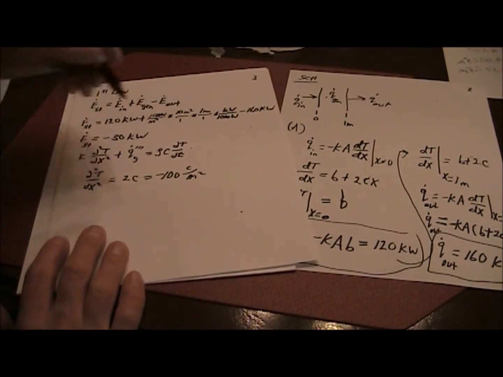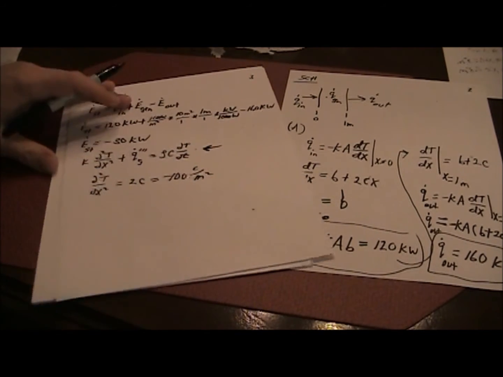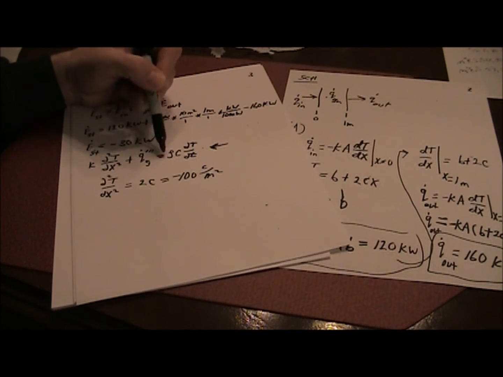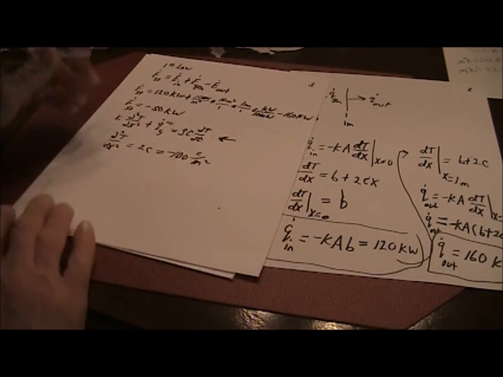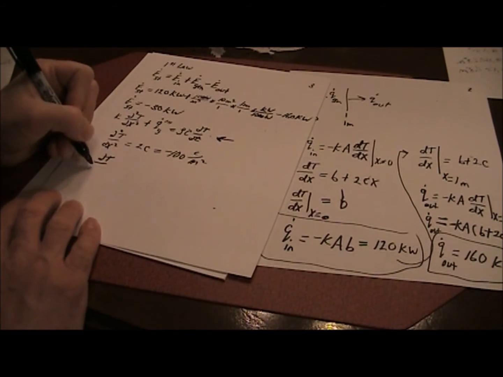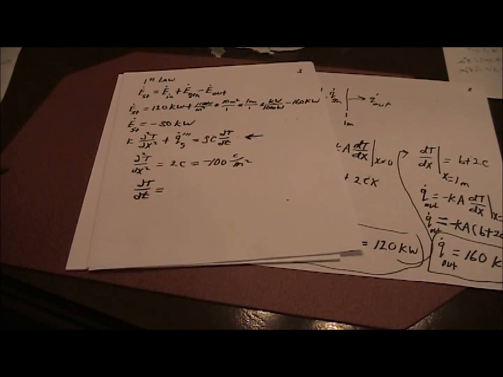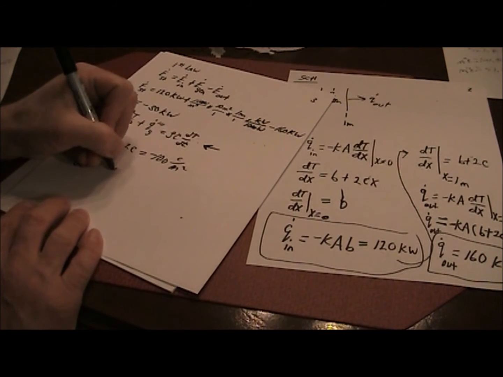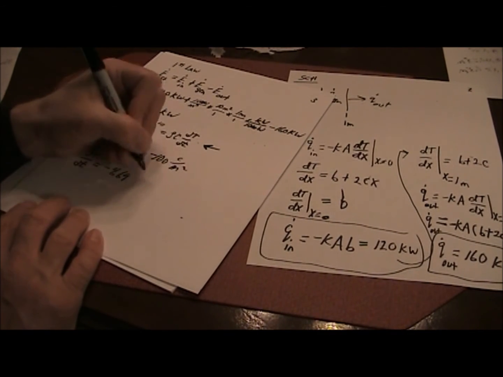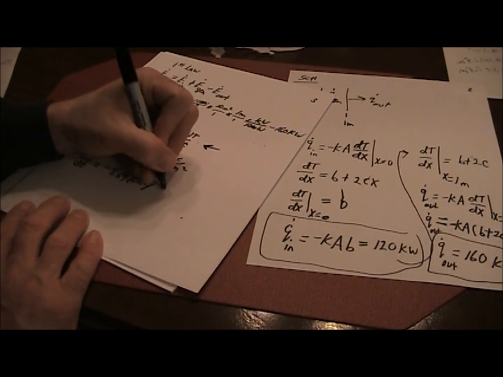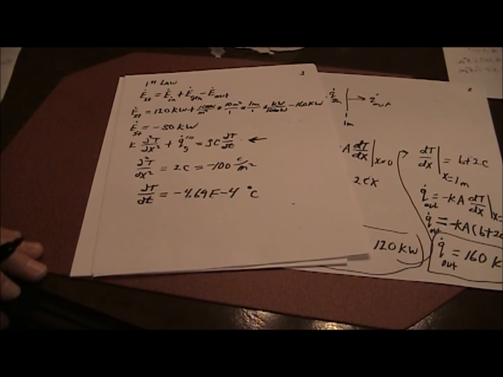Okay, so if we substitute back into this equation and solve for dT with respect to time, everything here is given, the density, specific heat, Q dot generated, but if you did the math on that, you'd see that the change in temperature with respect to time is minus 4.69 times 10 to the minus 4th degrees Celsius.